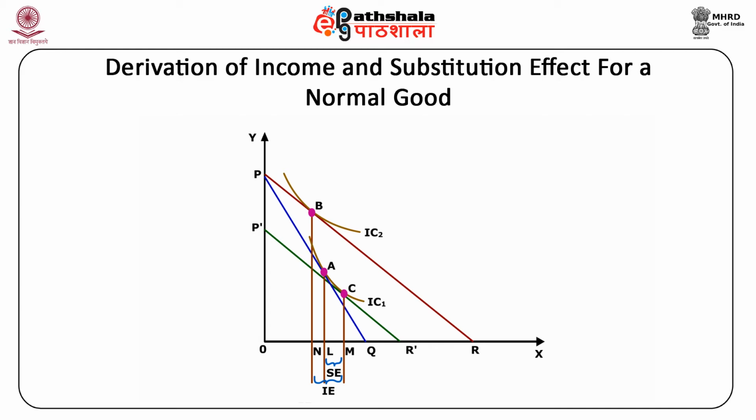PP' represents the compensating variation in income due to a fall in price of X. It is the amount by which income is reduced to offset the gain due to the increase in real income owing to the fall in price, so that the consumer remains on the same indifference curve as before.